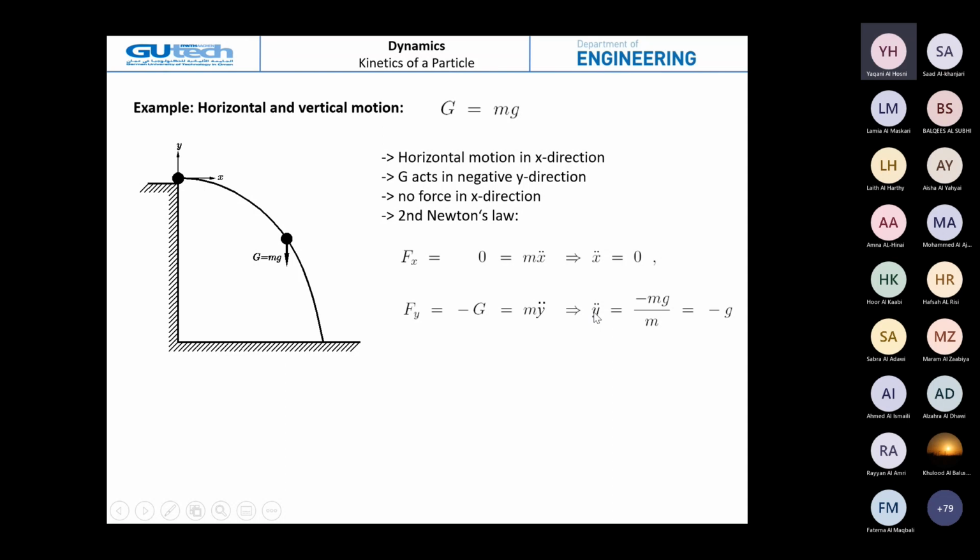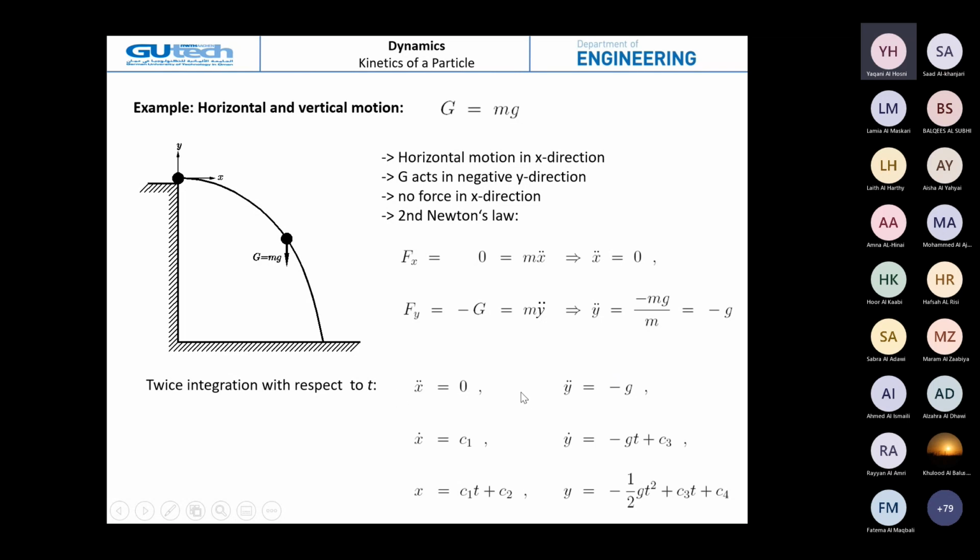Then we get, in x, the acceleration is equal to 0. That means the velocity is constant in x direction, but in y direction, it's only the gravitational acceleration with opposite sign.